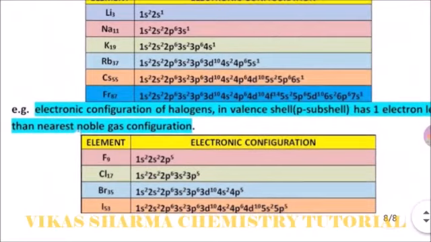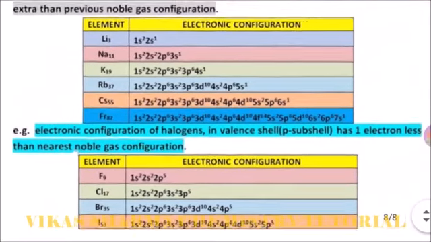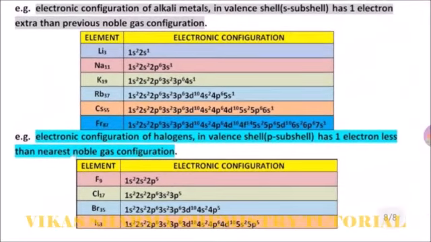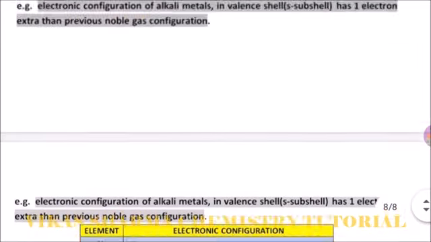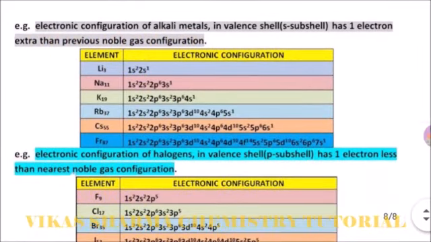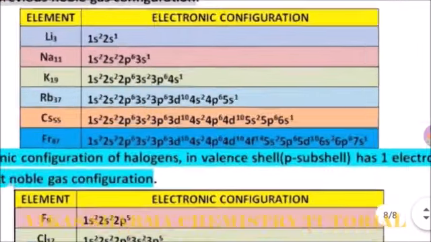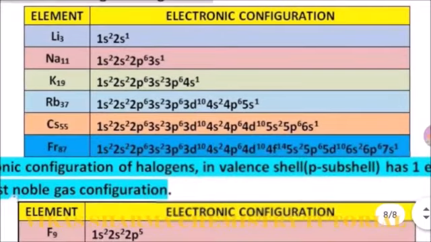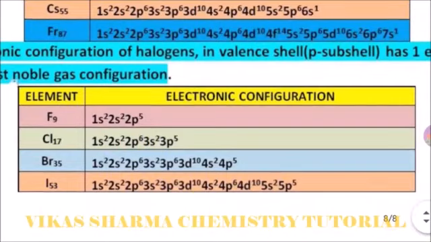So students, I hope this video is informative for you. In this video you can watch all the questions related to the electronic configurations of the elements, for example in alkali metals and halogens, and you can pause the video. You can watch this video again and again and understand all the complex topics.